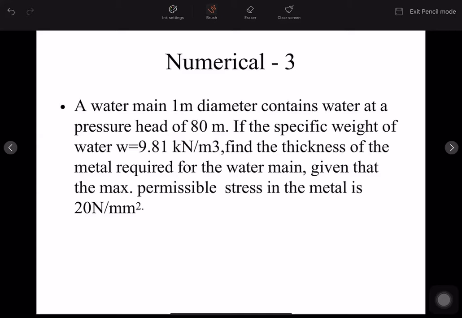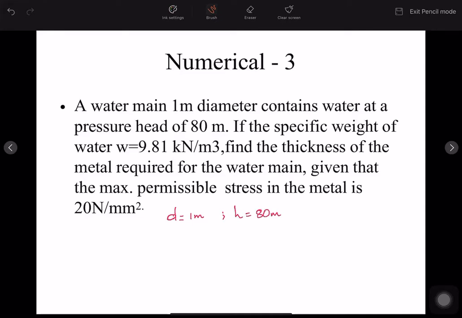A water main of 1 meter diameter contains water at a pressure head of 80 meter.